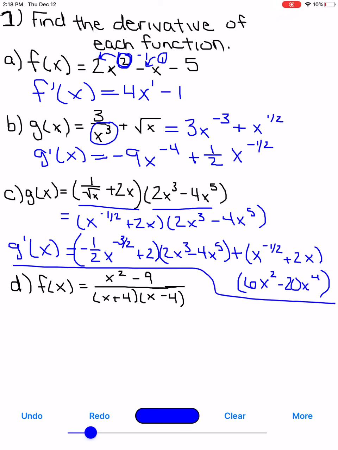It's a little lengthy, but we had to first rewrite everything, then do the power rule within doing the product rule. Now we can move on to part D, where we are given the function f of x equals x squared minus 9 divided by x plus 4 times x minus 4. So overall, we have a quotient rule here.